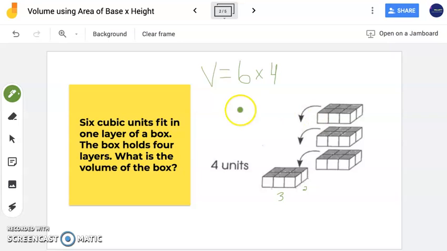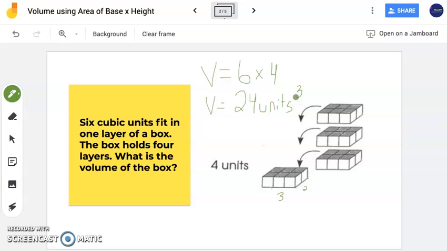Those 4 layers are known as my height. Now 6 times 4 happens to be 24, which is where I have 24 units cubed, or you can even say cubic units, as the volume of this rectangular prism.